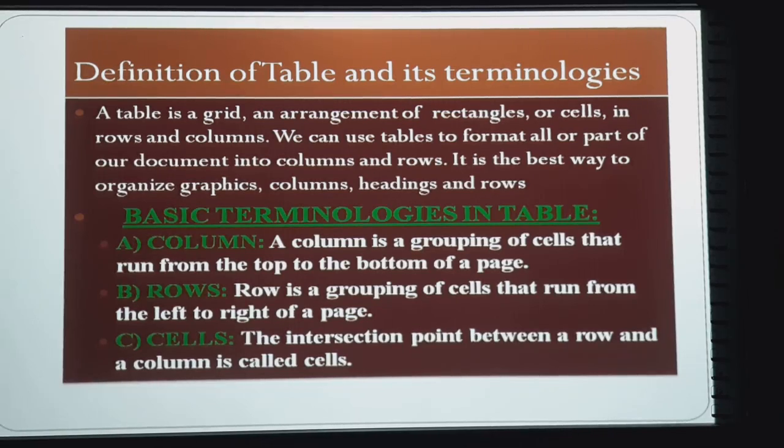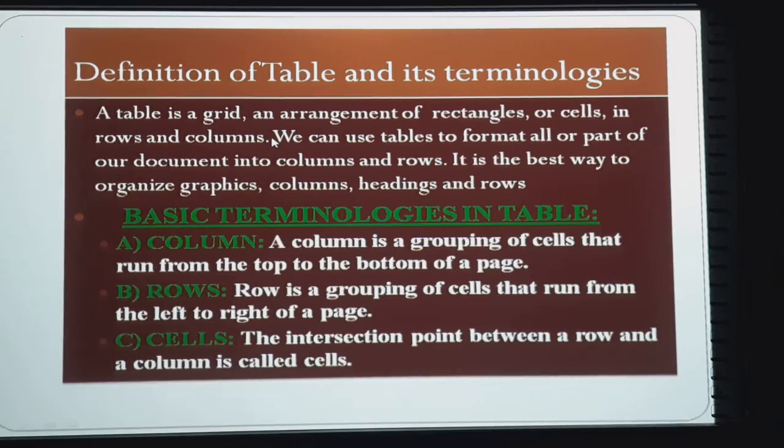This is important, remember. In your examination you might get a question like: define a table with all of its features. Okay, so a table is a grid, that is an arrangement of rectangles or cells in rows and columns.